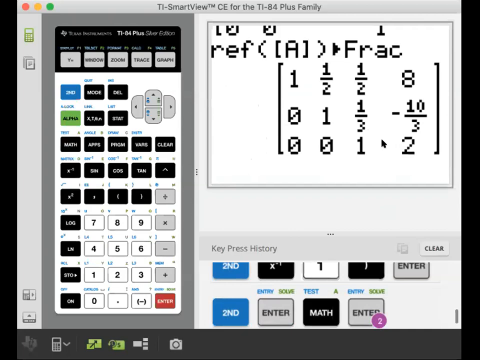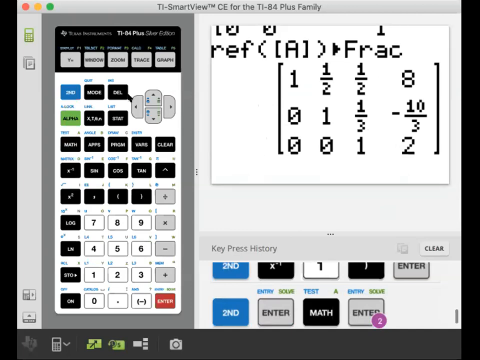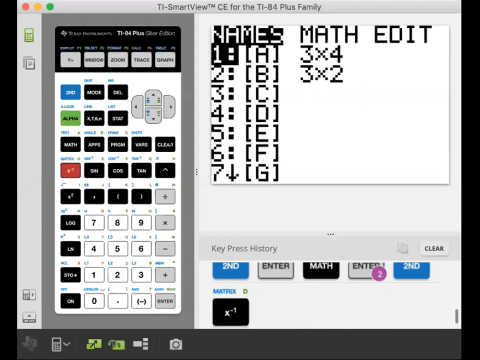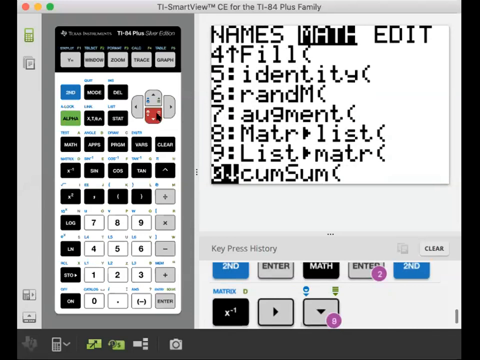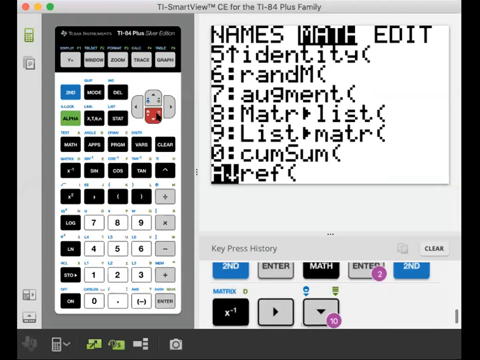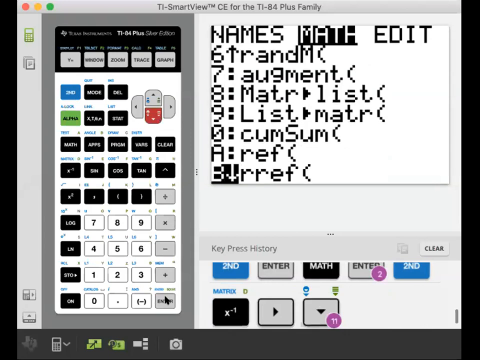But what's better than row echelon form? Reduced row echelon form. Well, check this out. Second matrix, math. Underneath the REF, there's one that says RREF.